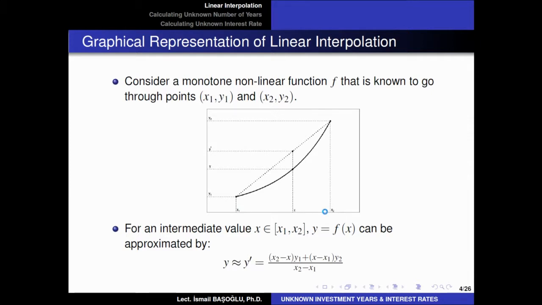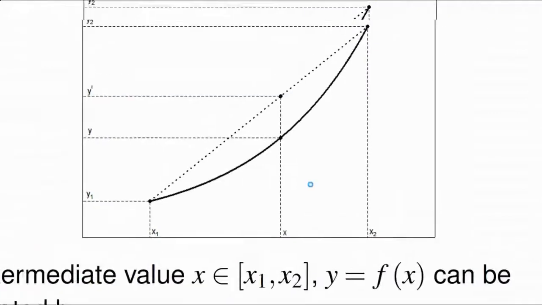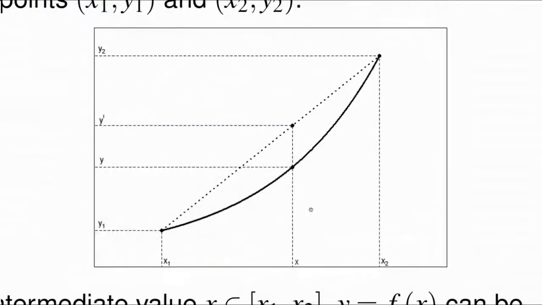Let me zoom in a little so you can see better. What we know about this function is only these two values. The other intermediate values are not available, and they are unknown.